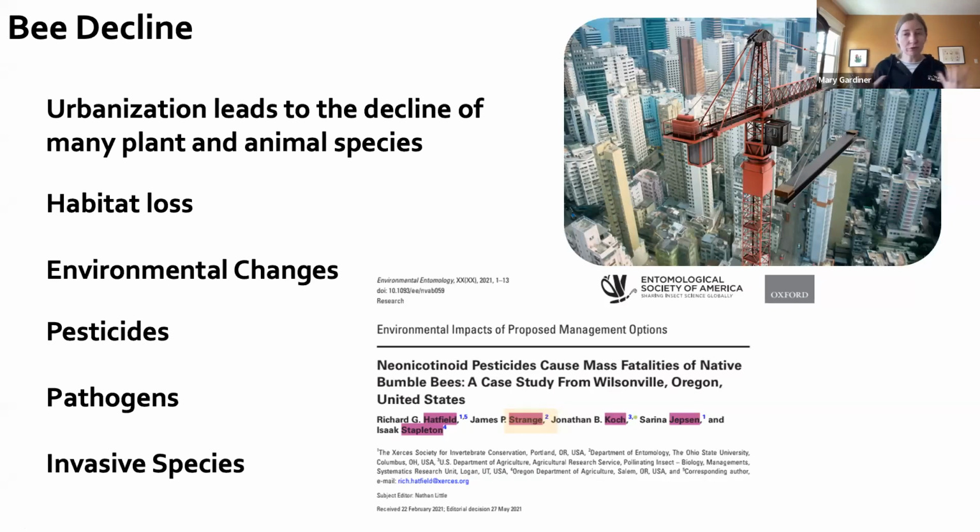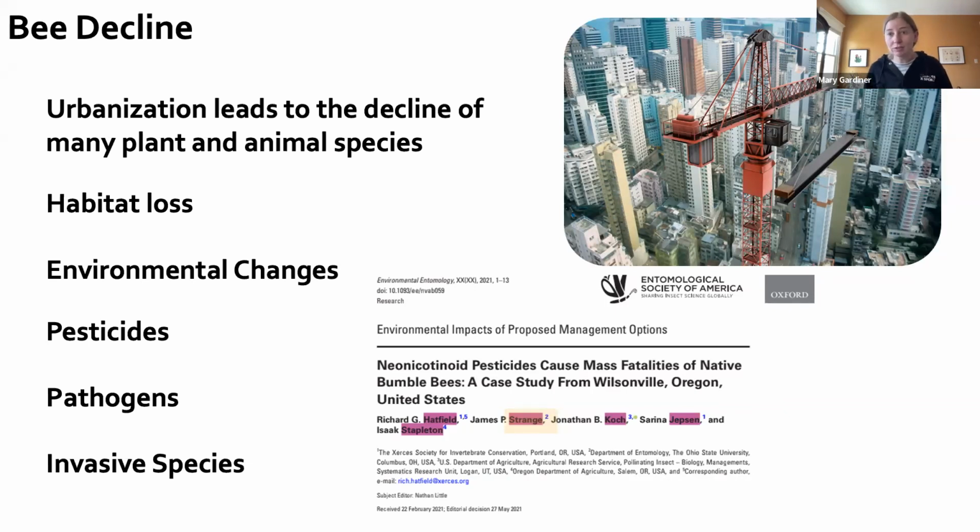So there's several threats that have affected the abundance and diversity of bees in the environment, things like urbanization, which is a major driver of habitat loss, environmental changes like global warming, changes in precipitation patterns, storm severity, all sorts of things might influence the success of bees in a habitat.